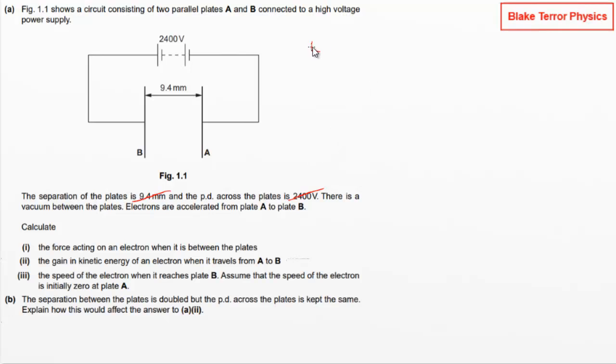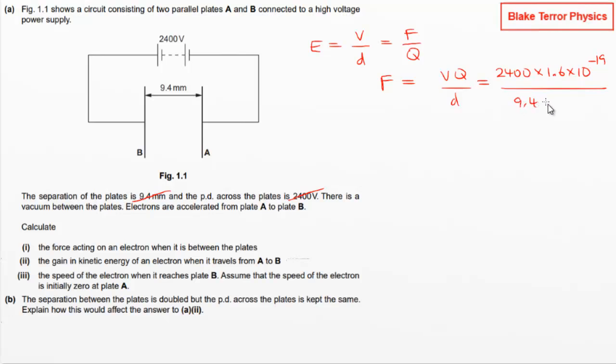Right, so our usual thing here with parallel plates, electric field strength is V over D, which is also F over Q. So our force between the plates is going to be V times Q over D, which is 2400 multiplied by 1.6 times 10 to the minus 19 for an electron, divided by 9.4 times 10 to the minus 3 for the separation.